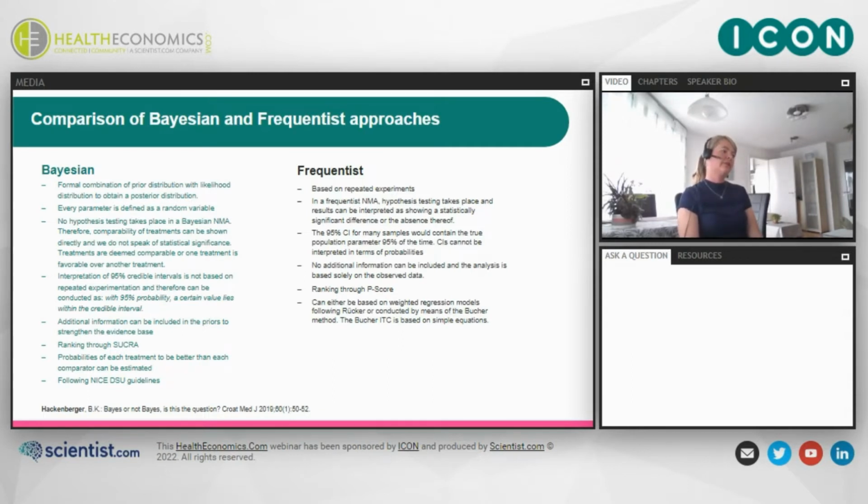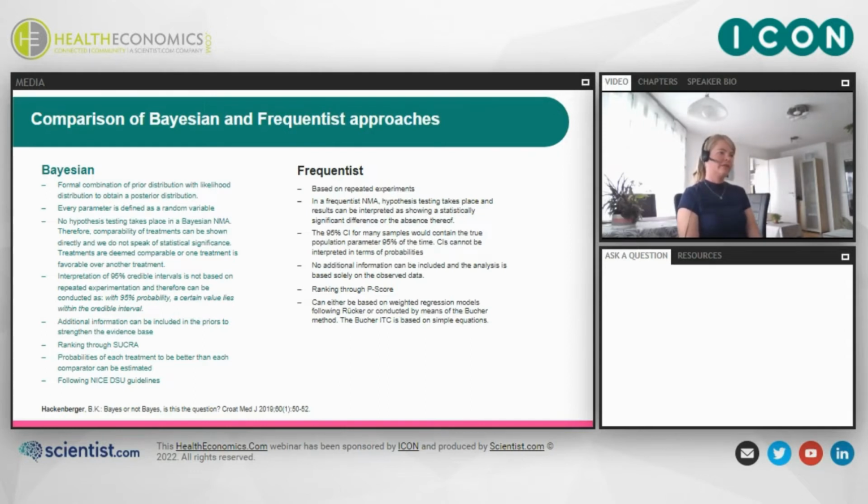And we can also estimate probabilities of each treatment to be better than each comparator, which is not possible in a frequentist approach. The Bayesian approach is described in detail in the NICE Decision Support Unit guidelines, which gives both details on methodology and detailed examples, also with code in WinBUGS or OpenBUGS.